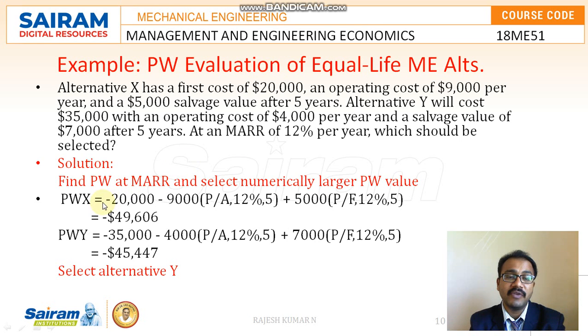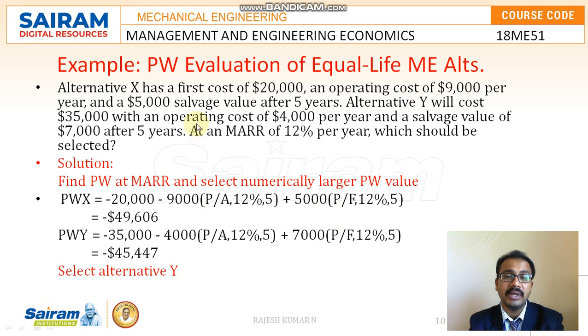So first we will find out the present worth value for X, and later we will calculate the present worth value for Y. Since 20,000 is the investment I'll be making from my own hand, I need to mention it with a negative sign. So minus 20,000, and the operating cost is also something I have to spend from my own hand, so again it is negative, minus 9,000.